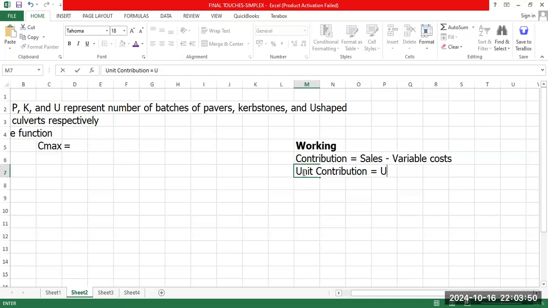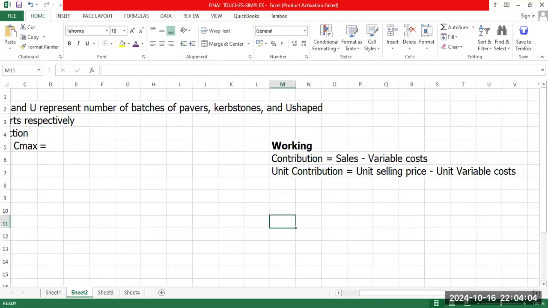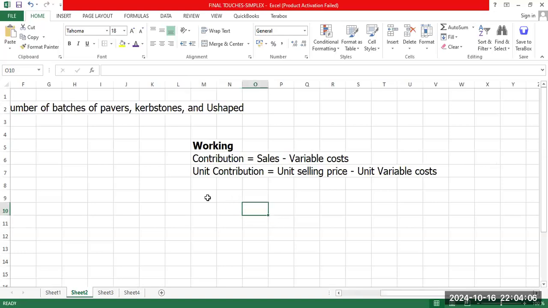unit selling price minus unit variable costs. I want to make sure that my contribution is based on per unit. In the question, we have different products that are sold.